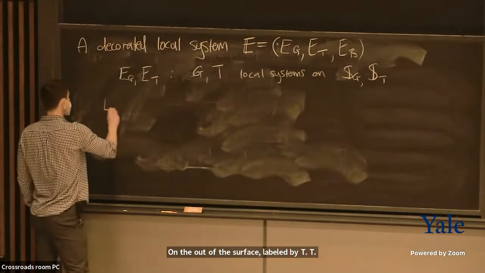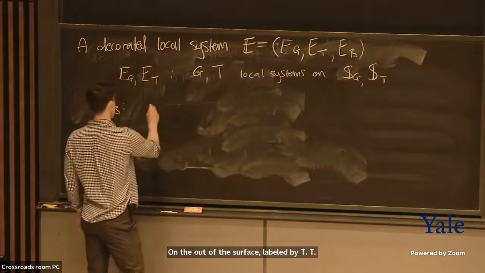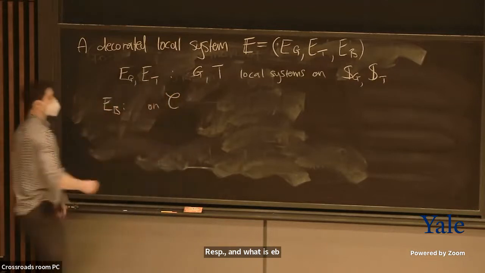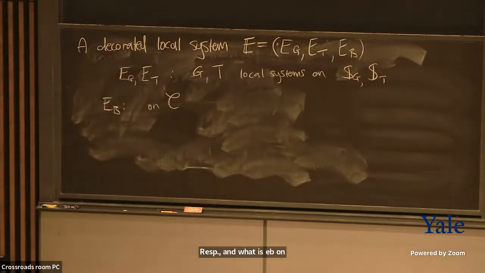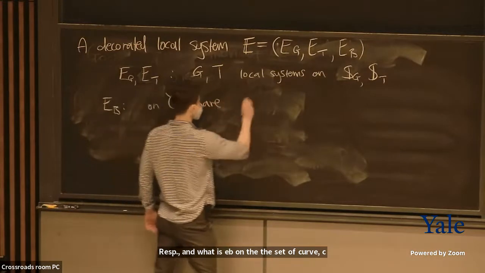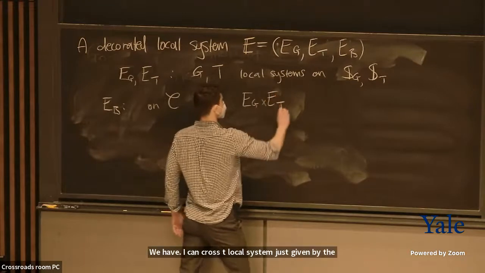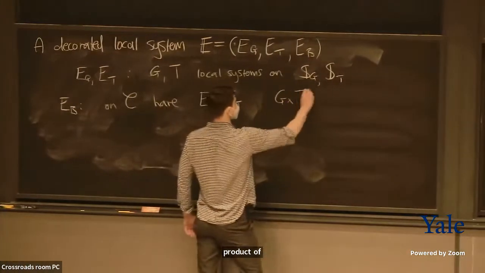And what is EB? Well, on the set of curves C, we have a G cross T local system, just given by the product of EG with ET.